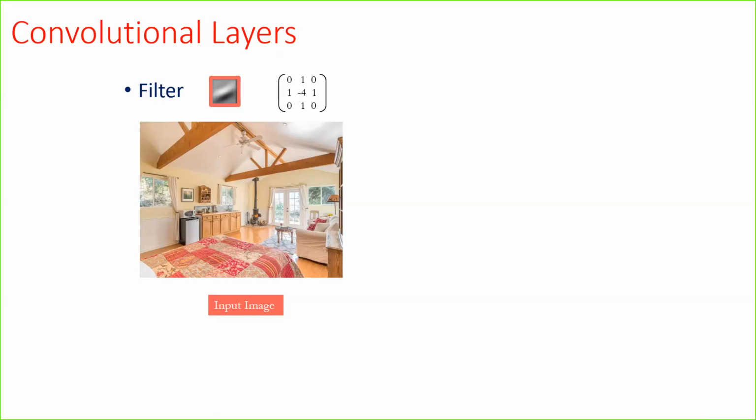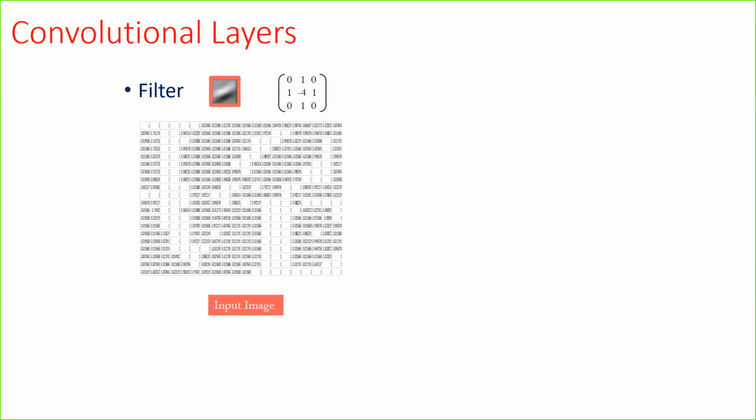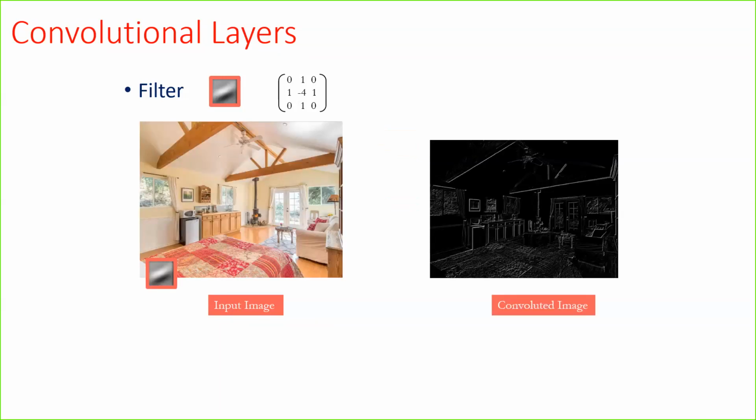So when you apply a filter on this image, and you see it numerically, it is giving some information about the pixel values, right? So you apply the convolutional operation, the kernel or the filter goes throughout the image like this, and finally you get the convoluted image. Please observe it carefully. What it is bringing out is the edges of the image, isn't it, sir? After convolution, the convoluted image has the edges of the image.